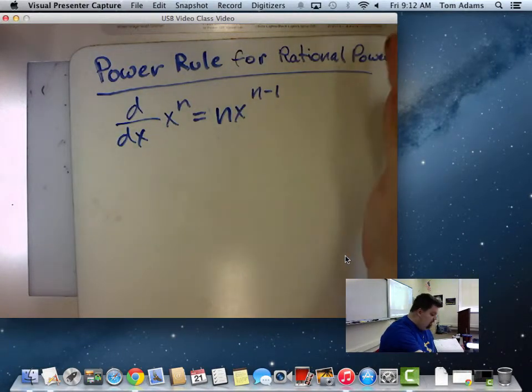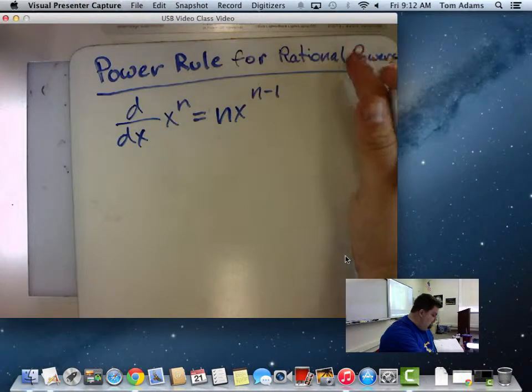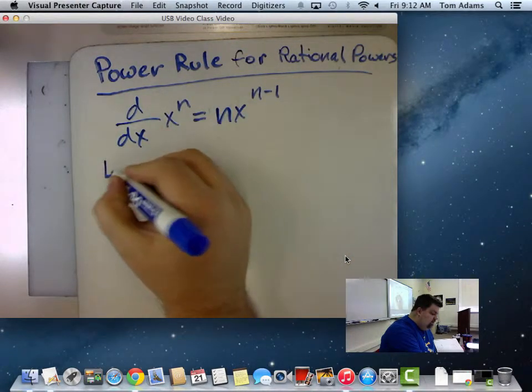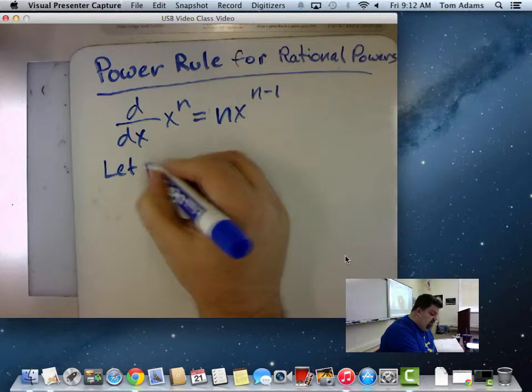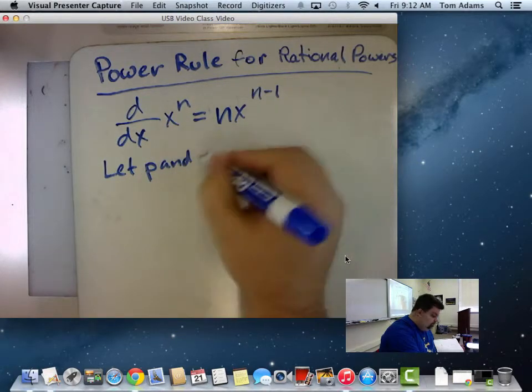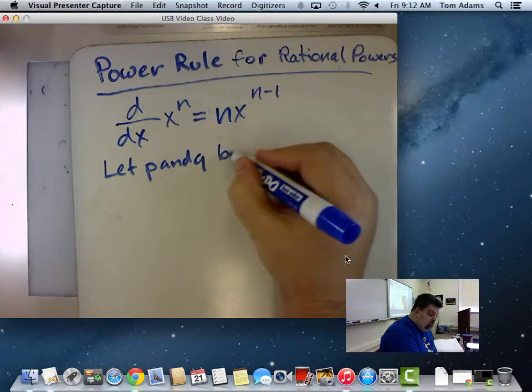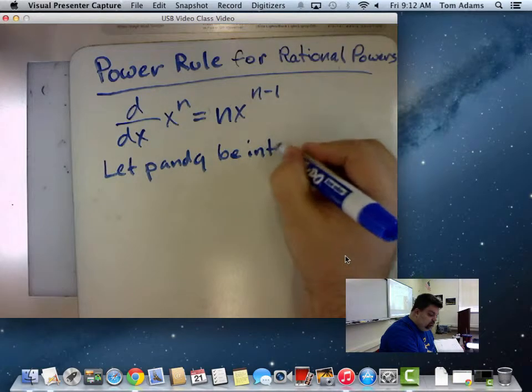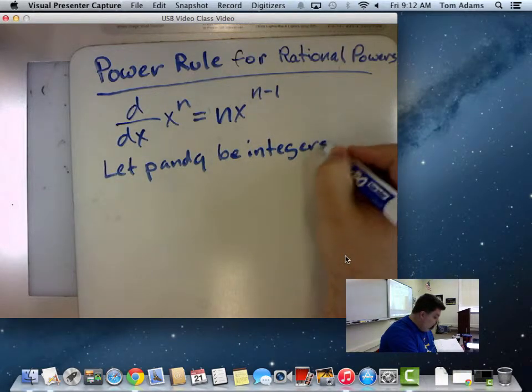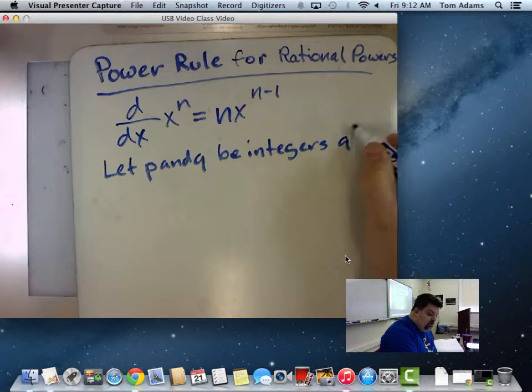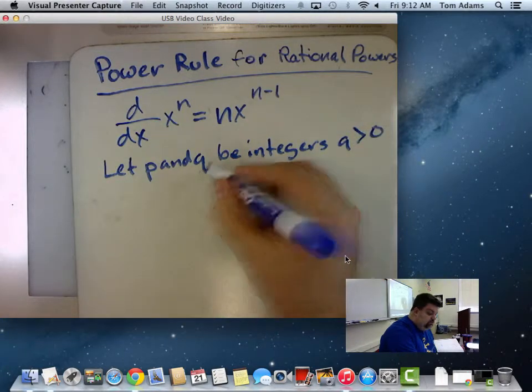But basically, this is the power rule, okay? And so the proof is we're going to let p and q be integers, where q is greater than 0.